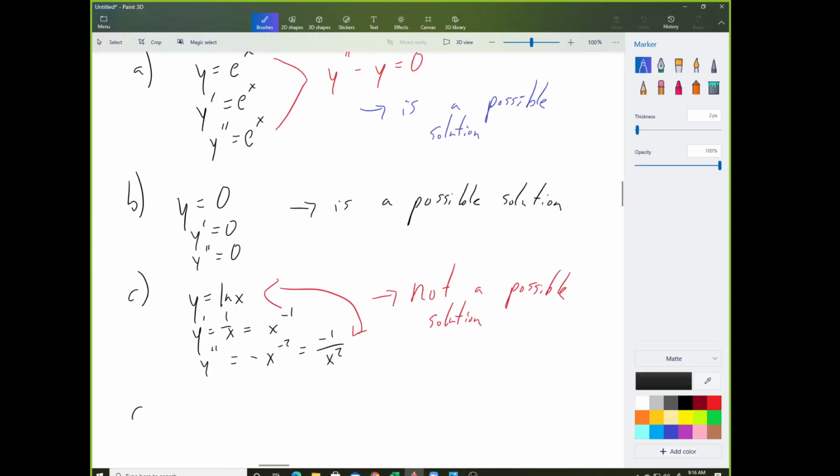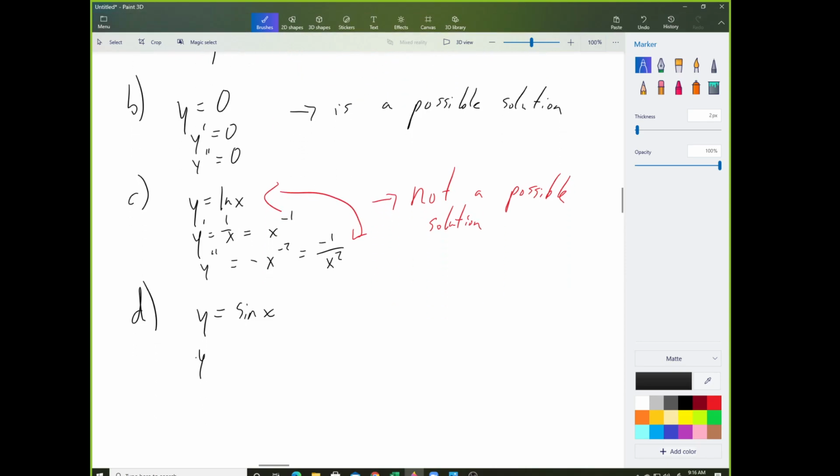All right, and let's go ahead and try that y equals sine of x. Yep, Sathya, that's fine.